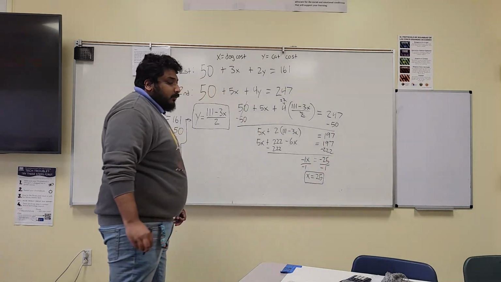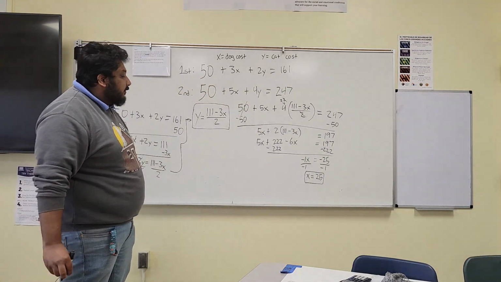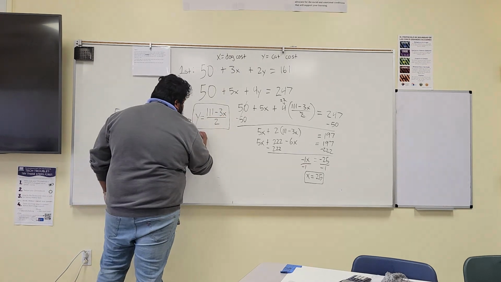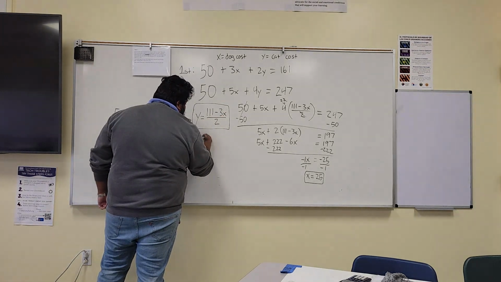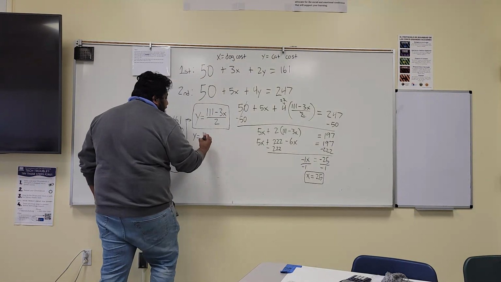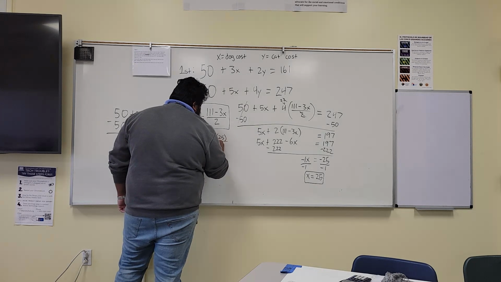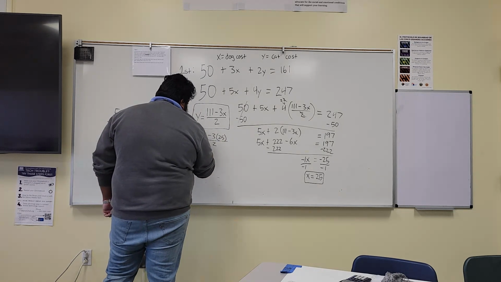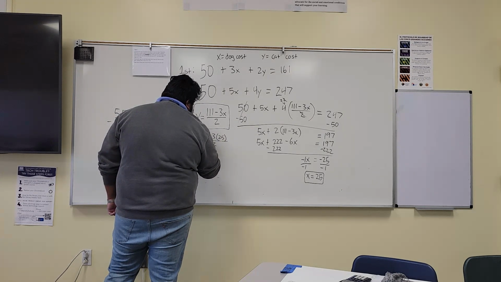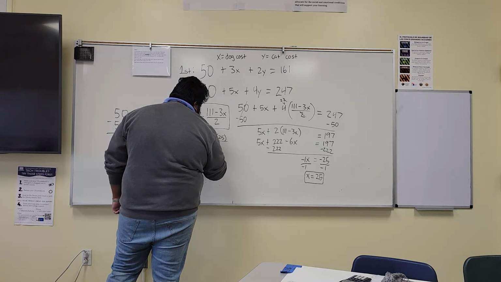Now, we're going to plug in that x equals 25 over here. So y is equal to 111 minus 3 times 25, over 2. y is equal to 111 minus 75 over 2.